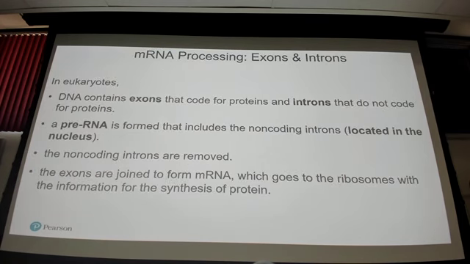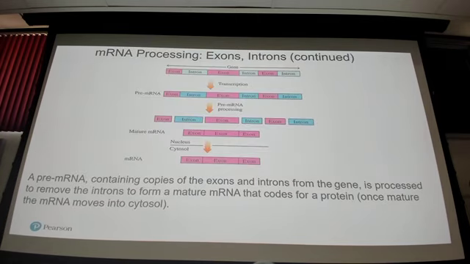When messenger RNA is synthesized, it contains both introns and exons. Exons have our genetic information that needs to be passed on. Introns are kind of junk, in the sense that we don't need that information in order to pass the important genetic information for protein synthesis. In the schematic, you see the gene, which is the DNA molecule.